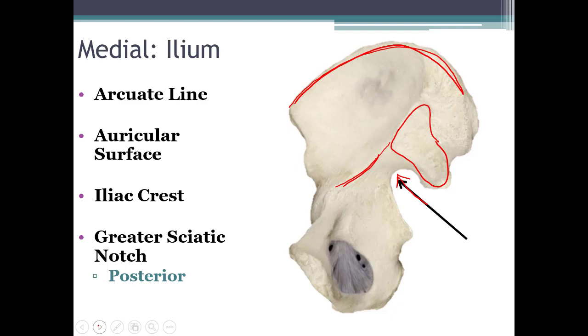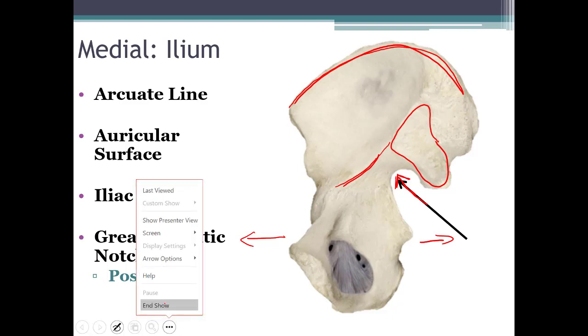There are some muscles located here, and if they are swollen and put pressure on that sciatic nerve, you can experience sciatica, which results in shooting pain and numbness down the lower limb. So the sciatic notch is a good tool to use for posterior versus anterior, and the acetabulum is good to tell you that you're looking at the medial or the lateral side of the os coxa.